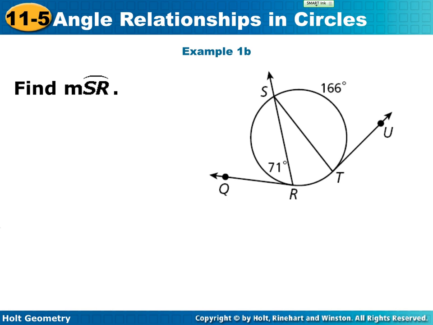Riley, you want to talk me through how you came up with yours? I think you just do 71 times 2. Okay, so you're using angle R, and the arc that's inside it is arc SR. So he's taking 71 times 2. 144. All right, that was correct.